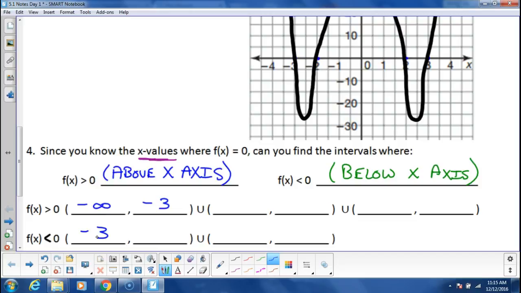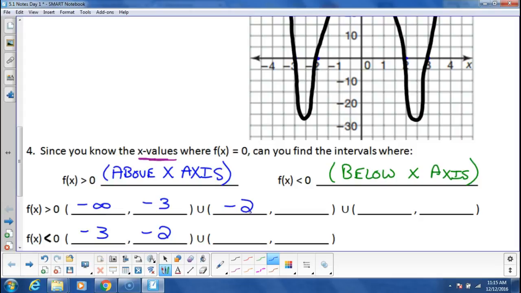And then I work my way to the right. Now I come to negative 2. What happens at negative 2? It crosses back. So I stop being negative, and I again become positive. And then I keep working my way to the right and I get to positive 2. What happens at positive 2?